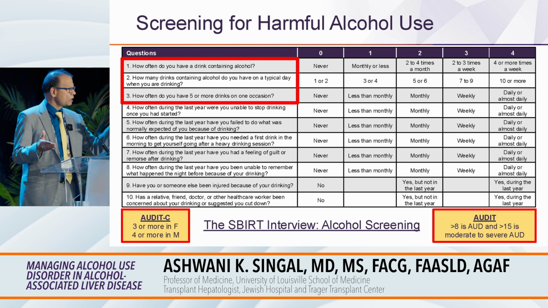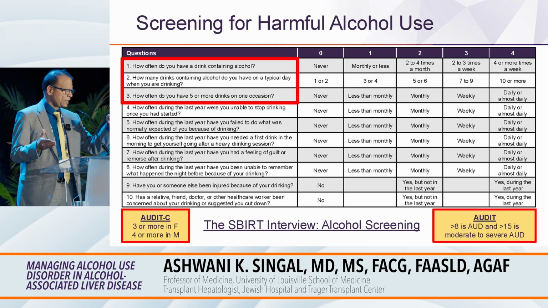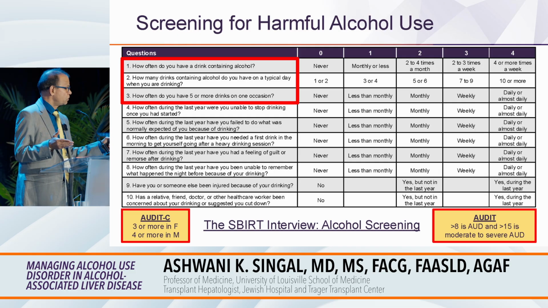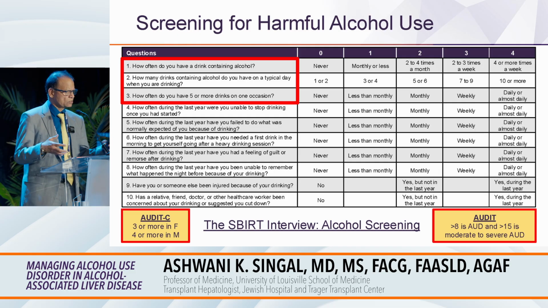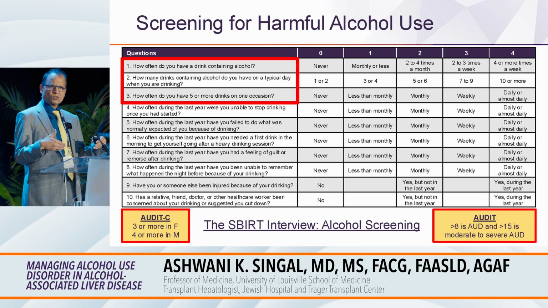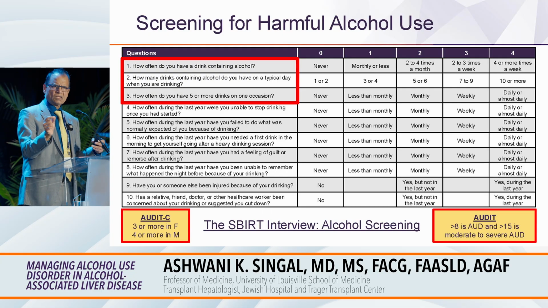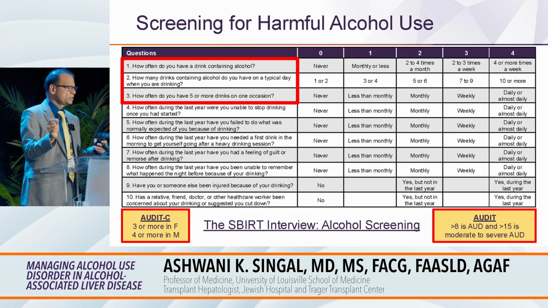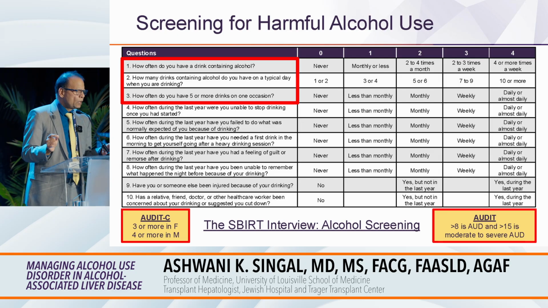But when you put that into these AUDIT-C questions, she is claiming 2 points on all 3 questions, making a total score of 6, which actually translates into a moderately severe alcohol use disorder. So that's why when you translate those numbers into this small AUDIT-C tool, which takes not more than 30 seconds, you can make a diagnosis there.